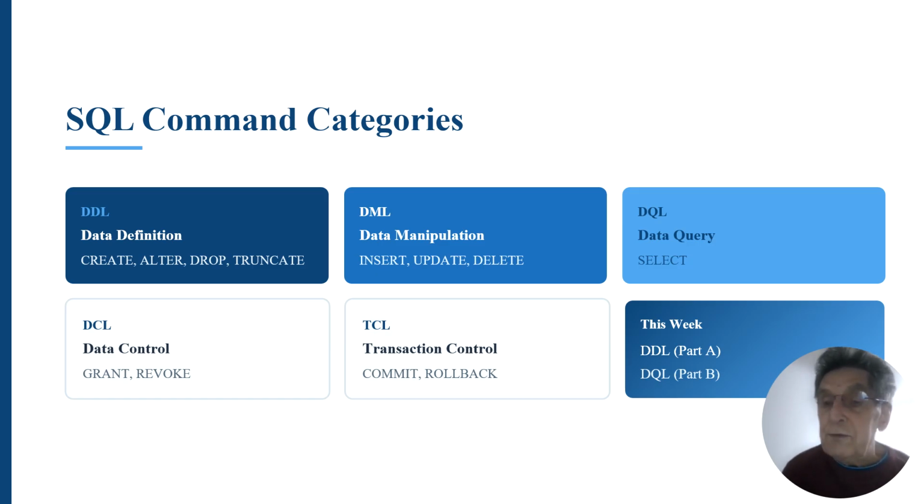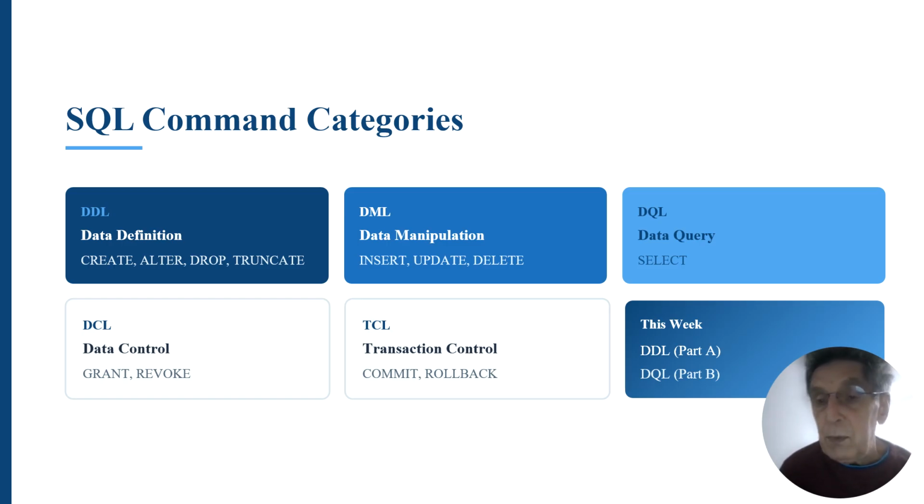SQL commands fall into 5 categories, and today we're going to focus first on DDL. DDL, Data Definition Language, includes create, alter, drop, and truncate. These define the structure, kind of the skeleton of your database. And this is today's focus.